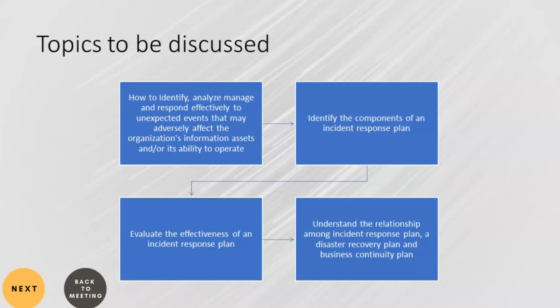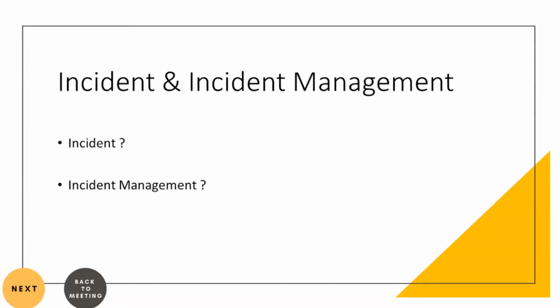We will also discuss the incident response plan and identify the components of an incident response plan. And I will also discuss how to evaluate the effectiveness of an incident response plan. And finally, we will try to map the relationship of the IRP, incident response plan, with the disaster recovery plan and business continuity plan for a better understanding. Great. It seems you understood our requirements, so let's start.